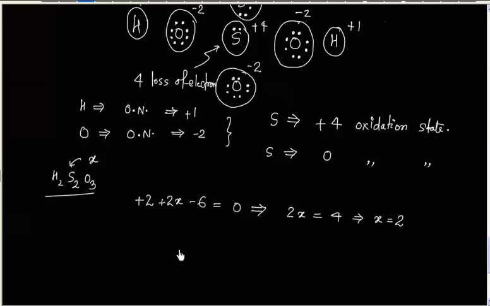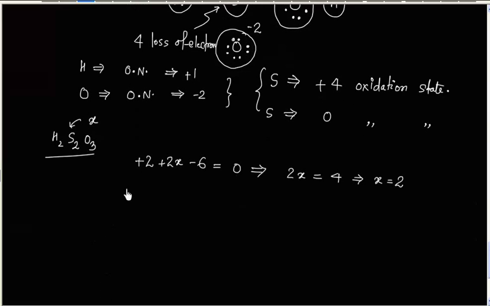So for the oxidation number of sulfur, we will have +2, and that is the average of these two oxidation numbers. So this oxidation number of sulfur is the average oxidation number. If you use this method, that is using the sum of all oxidation numbers equal to 0, and then you calculate the oxidation number of sulfur, this will give you the average oxidation number.